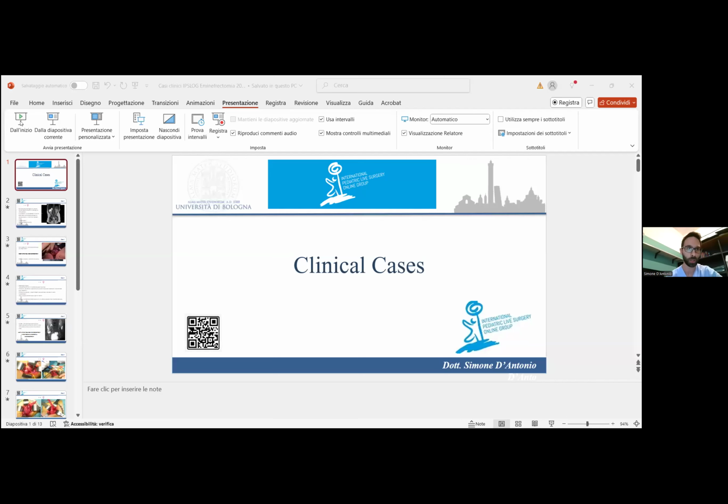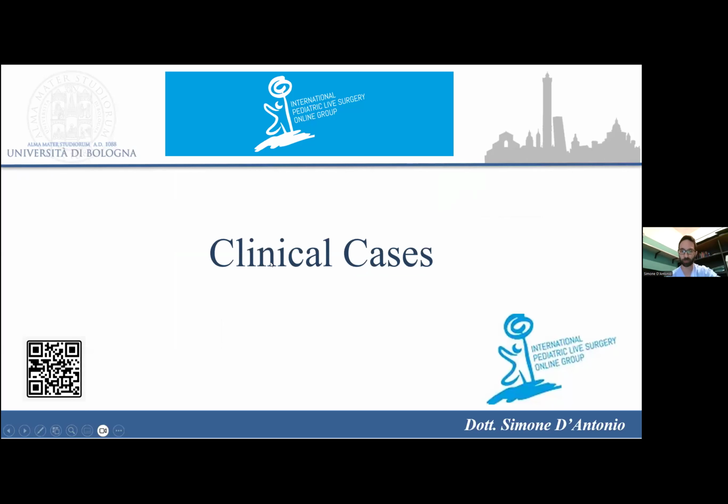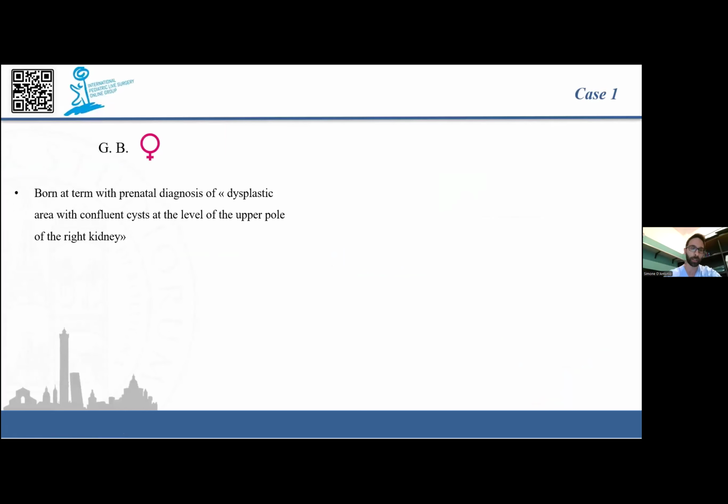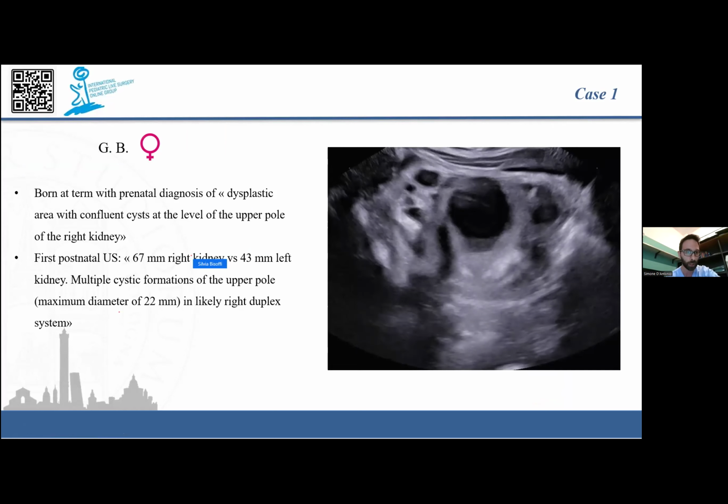Good afternoon to all the attendees. I'm going to present three cases treated in our department in Bologna. The first case is a female born in our hospital with a prenatal diagnosis of a dysplastic cystic area of the upper pole of the right kidney.